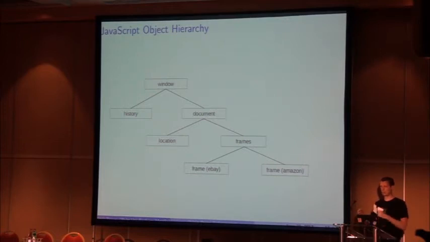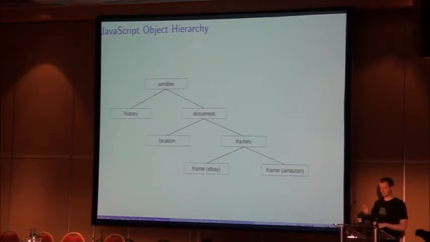You have the document and the document objects and all its nested objects within that represent the actual current website you're in. So the object tree changes depending on what kind of website you're visiting. And that's called the document object model, where the document is represented in objects and everything has an object.